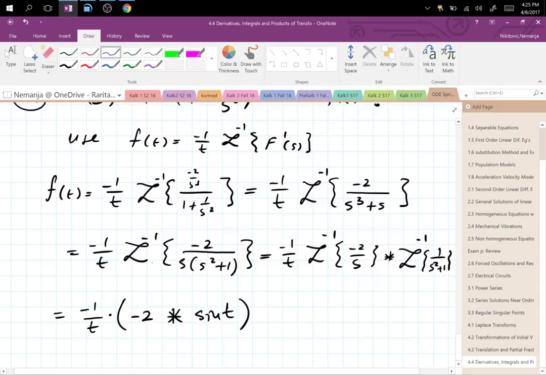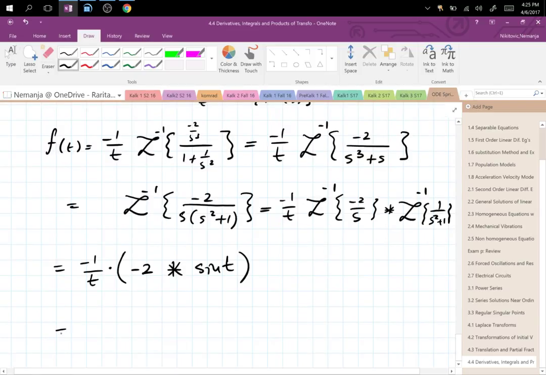Yeah. Well, let's write it out since you are asking. So negative 1 over t times the integral from 0 to t of negative 2 times sine of (t minus tau) d tau.